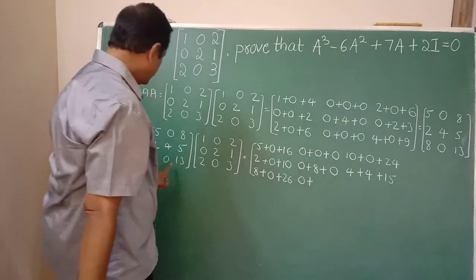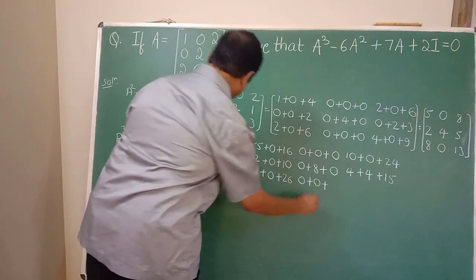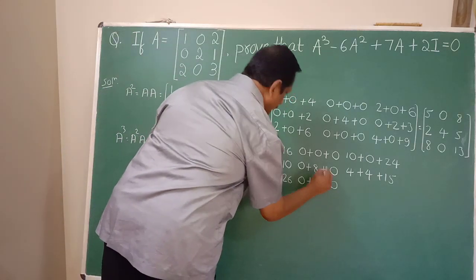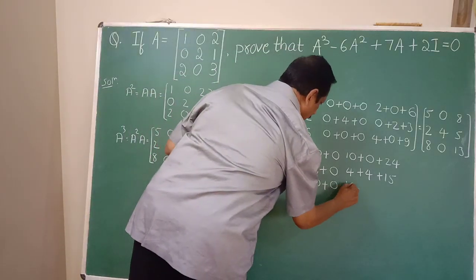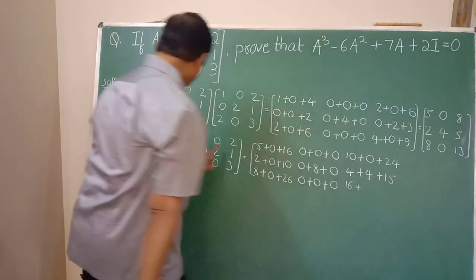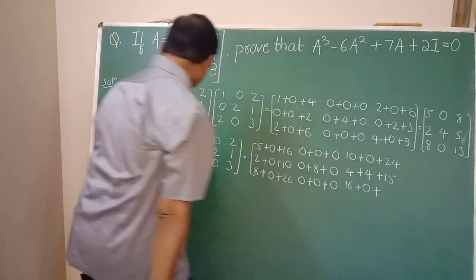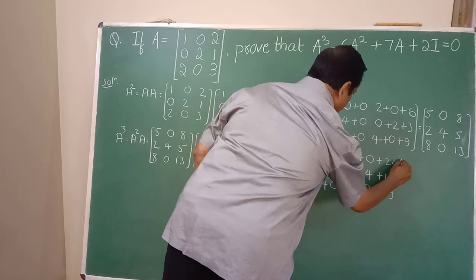Then plus here. 0 into 2 becomes a 0. This is a 0 plus. 13 into 0 becomes a 0. This is a 0. Then 8 2s are 16 here. So write here 16. Then plus 0 into 1 becomes a 0. It is a 0 here. 13 3s are 39 here. Plus 39.